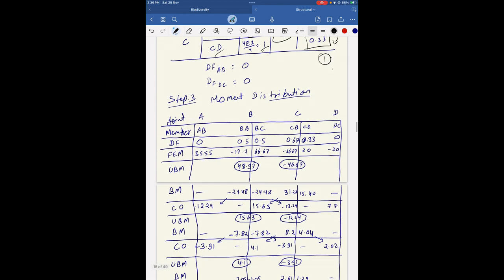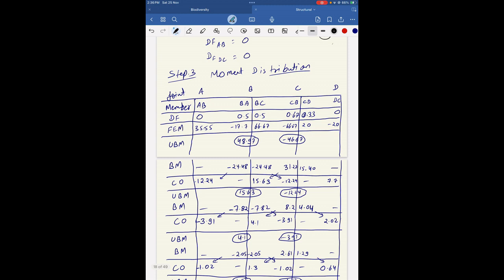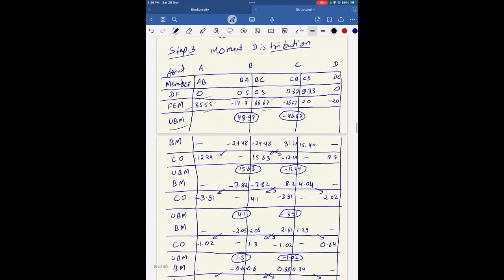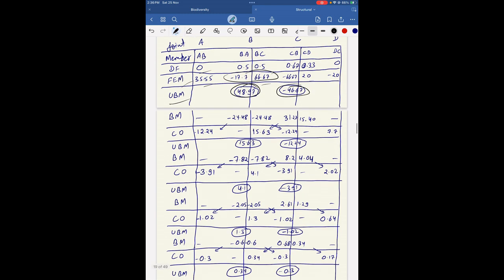So then, in step 3, we have to do the moment distribution. For this we make a table: member, distribution factor, fixed-end moment, then the unbalanced moment at each joint. So at joint B the unbalanced moment comes out to be 48, and at joint C minus 46.